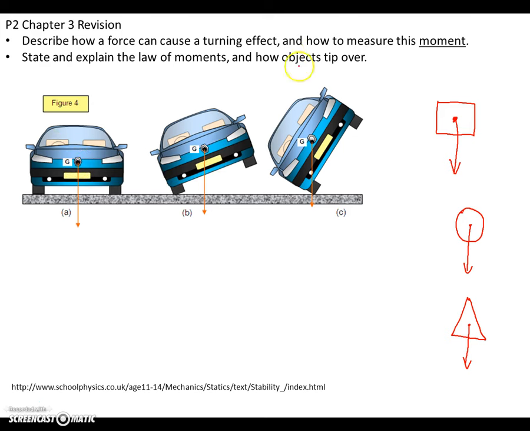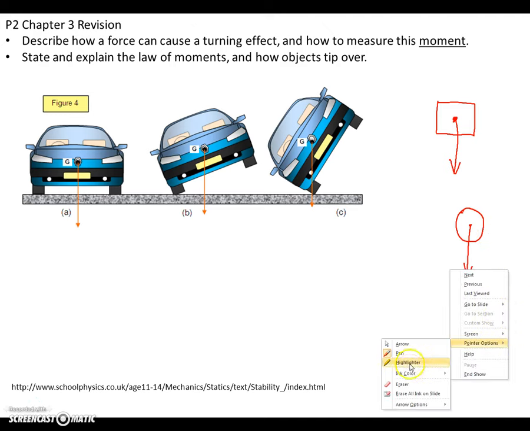But for the idea of when objects tip over, very simply, if the center of gravity is somewhere between the edges of the object, then the object won't tip over. Here our center of gravity is acting within the edges of the object, so that's one edge of the object, that's another edge of the object.